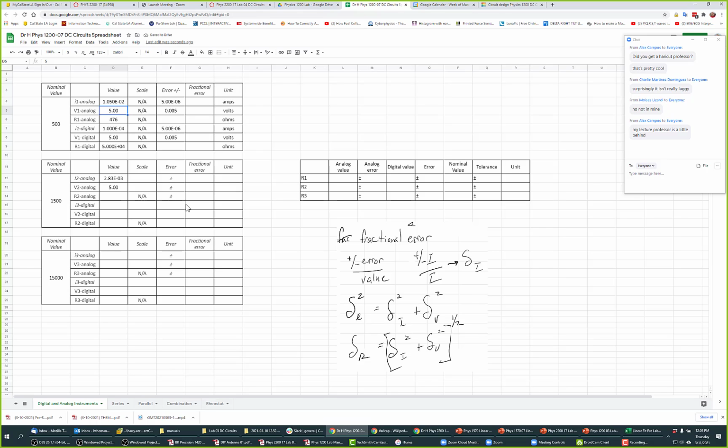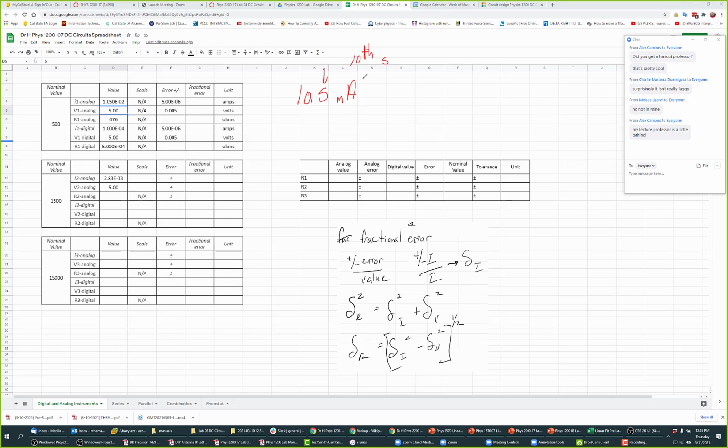And then the way that you do the plus minus on a digital meter: if I see 10.5 milliamps, then I look for the last digit on the right, and that's in the tenths.